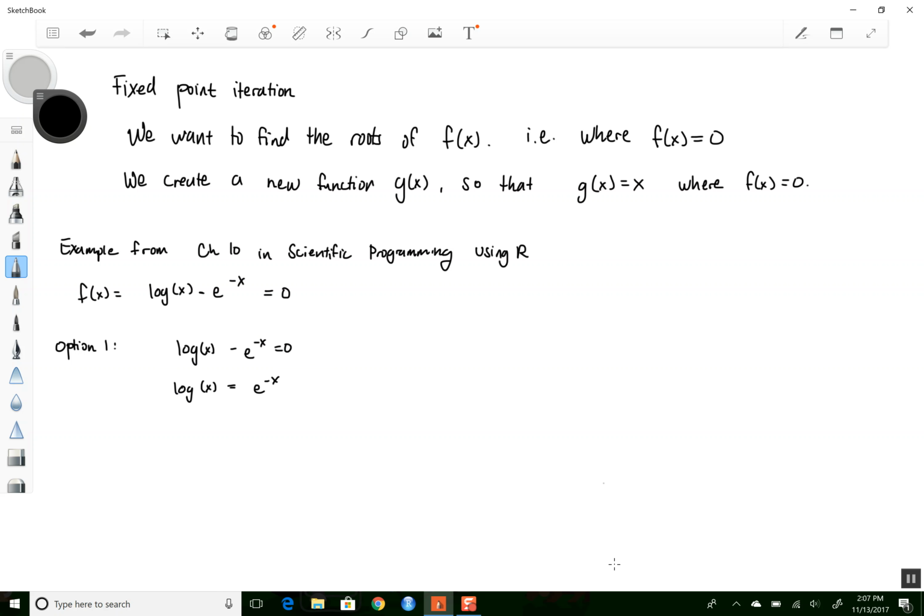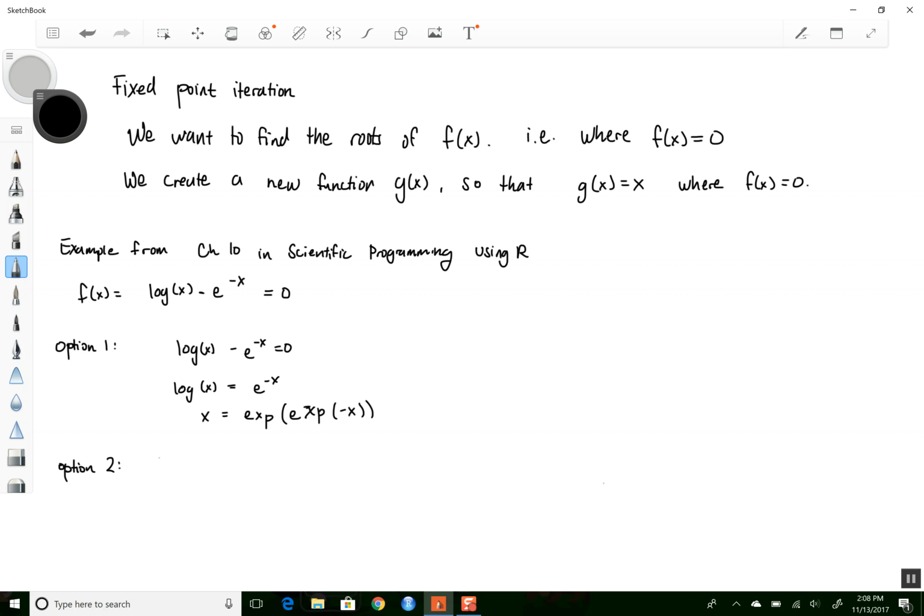So we add e to the negative x to both sides, then exponentiate both sides, and I would get x is equal to e raised to the negative x. Okay, so that's one option.